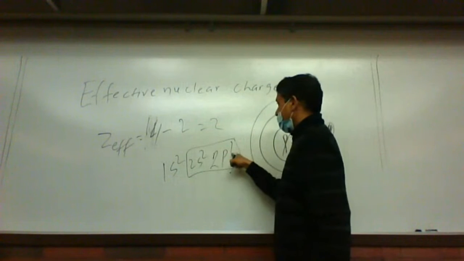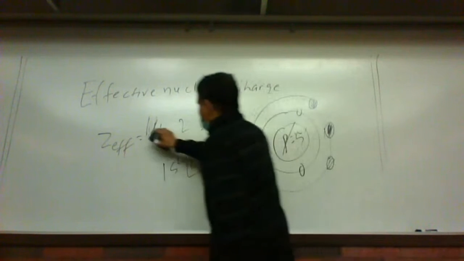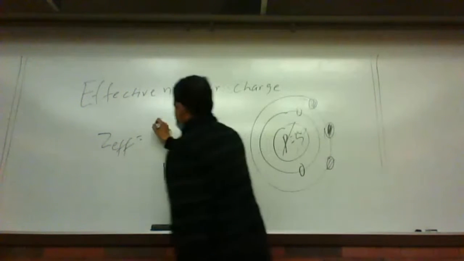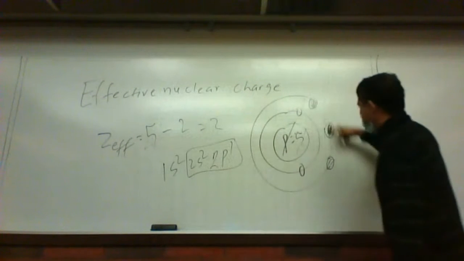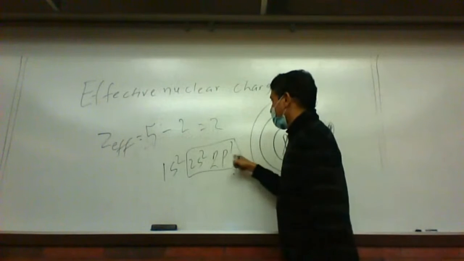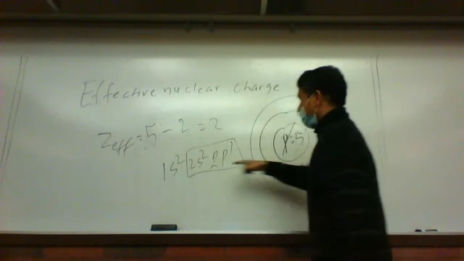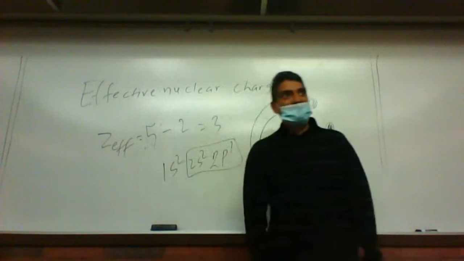So there are 3 outer electrons and 2 inner electrons here. For boron, ZEFF: we have 5 protons, and the force experienced by these 3 electrons is 5 minus the inner electrons. The inner electrons are these 2, so that is 5 minus 2, which is 3. Make sense?